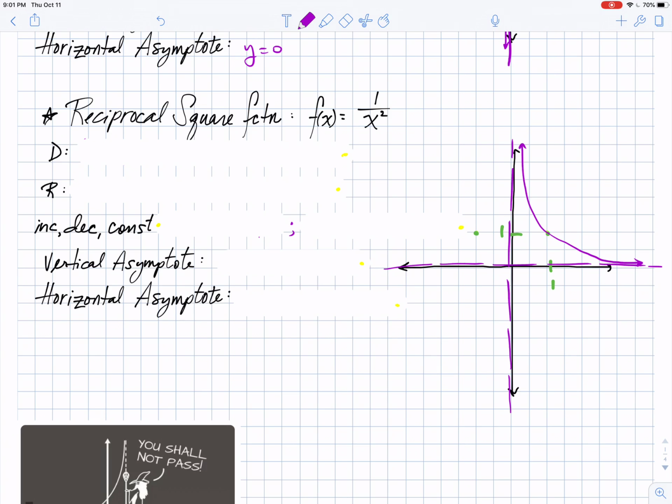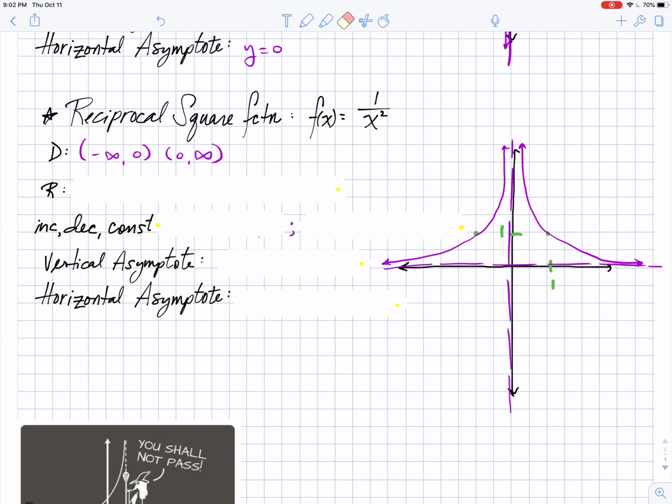When you plug in a -1, notice that in your parent equation you have to square that -1. And so when you square that number, you're going to end up with a positive. So everything on the left side ends up being a positive y value.